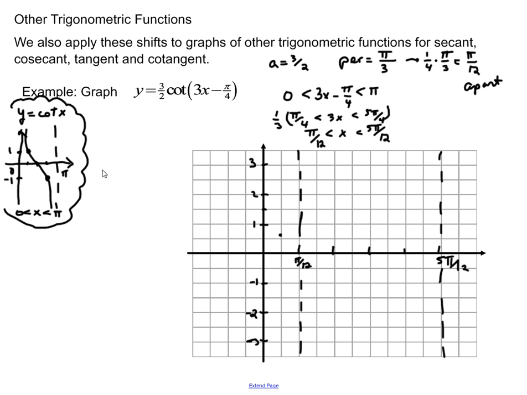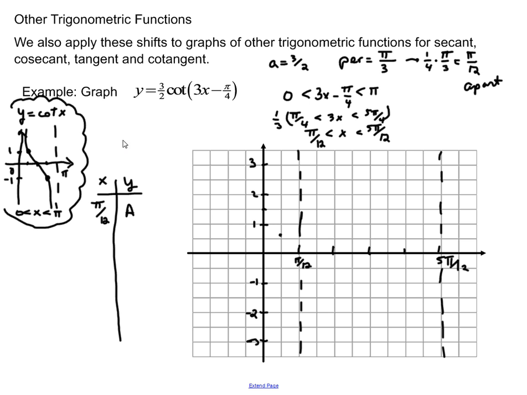So if I start at pi over 12, make my little table here, for x at pi over 12, my starting point for my cotangent function, I get an asymptote. So adding an increment of pi over 12 gives me 2 pi over 12.